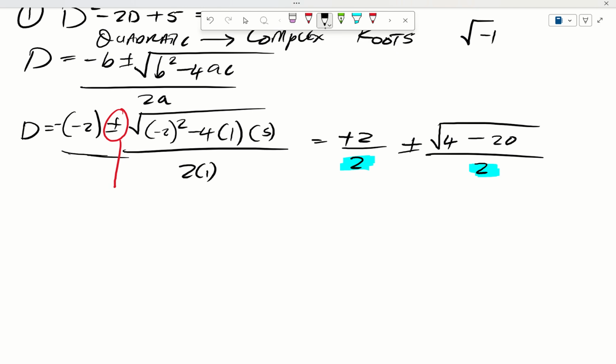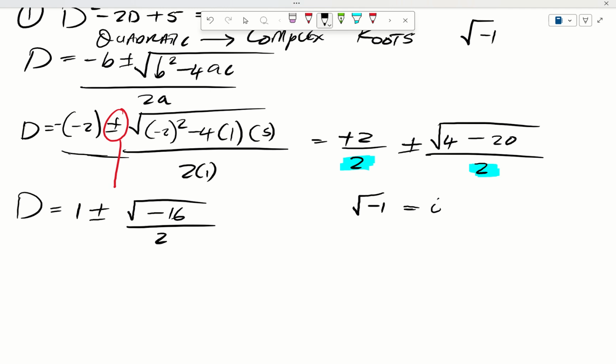I split it into 2 so that I can have d equals 1 plus or minus the square root of minus 16 divided by 2. The reason why you cannot find factors is because you have got a negative square root, and we know that this is imaginary. The moment you have a negative square root, the square root of minus 1 is equal to i, which is imaginary.